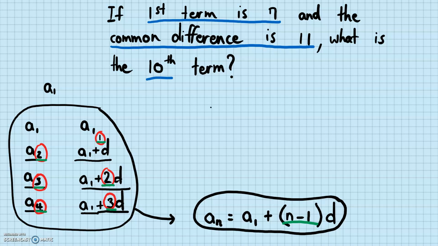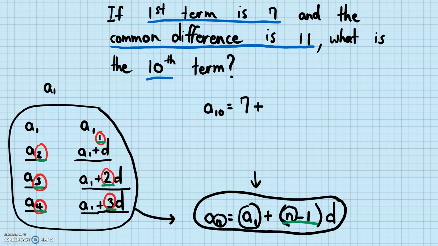So the 10th term would be a sub 10, right? And using this formula right here, this is the first term. So a sub 1 would be 7 plus n is 10, right? We're trying to find the 10th term.